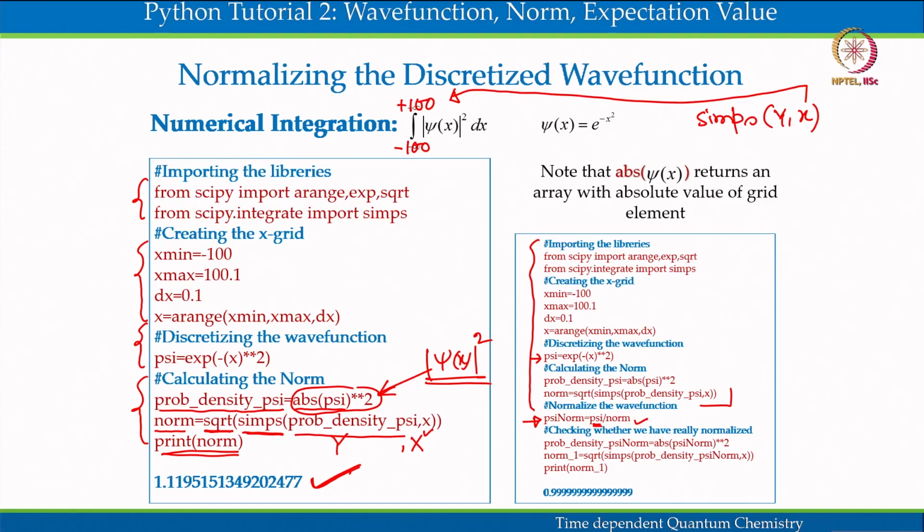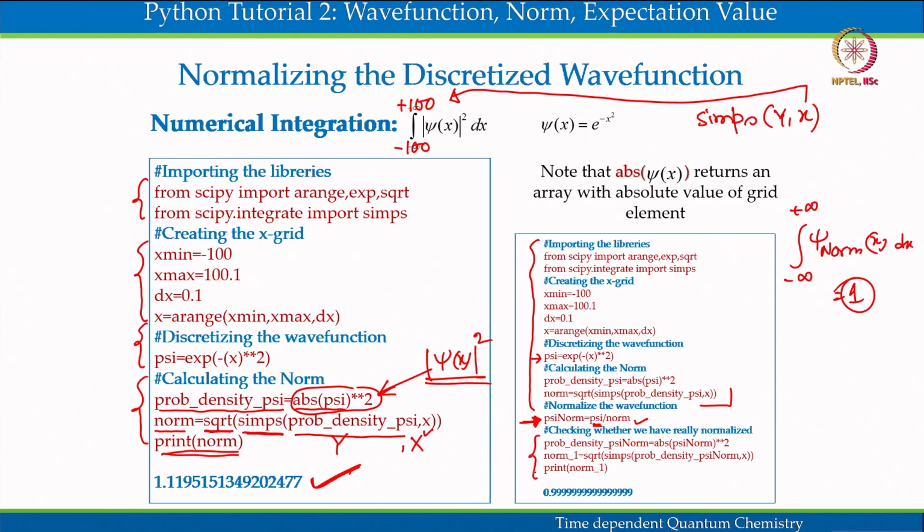I'm now dividing by the norm and I should get the normalized wave function. To make sure that we have normalized it, we can always double check by taking this integration one more time. If it is a normalized wave function, then this is going to be 1. So we are doing it one more time, taking this normalized wave function and checking whether we are getting the norm to be 1 or not.